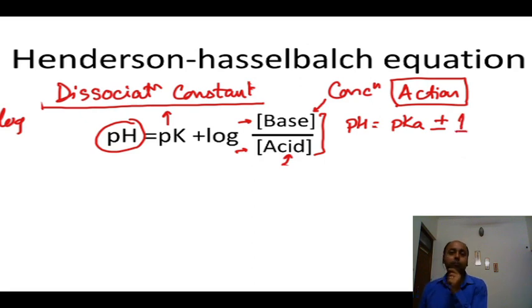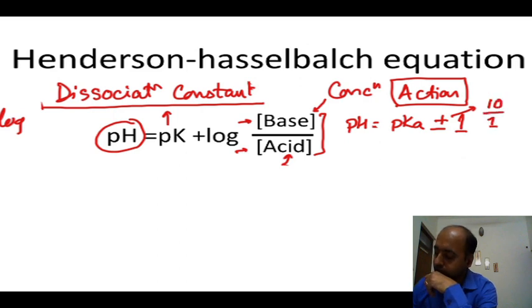For a good buffering action, the target pH where we want the buffer to act should be in the range of pK plus minus 1. How does it translate into the ratio of base and acid? If we say plus 1, this means the ratio is 10:1. If we say minus 1, this means the ratio is 1 upon 10.